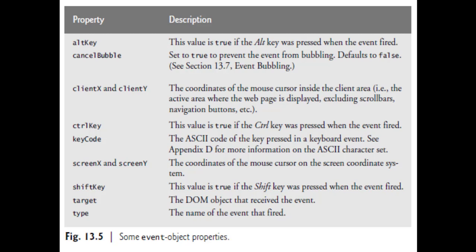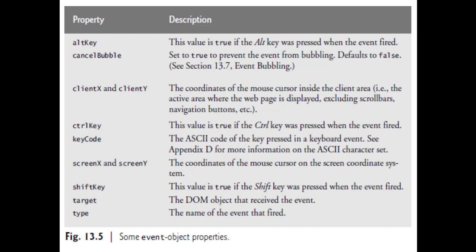There is another property, that is keyCode. This keyCode means the ASCII code of the key pressed in a keyboard event. So when a keyboard event happens, we can get which key is pressed by using this property. Then again screenX and screenY, these are the coordinates of the mouse cursor in the screen coordinate system.